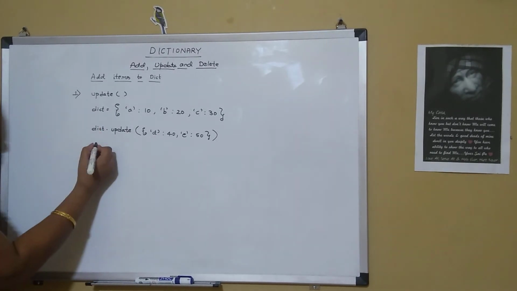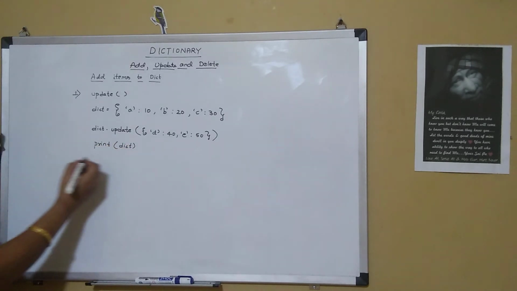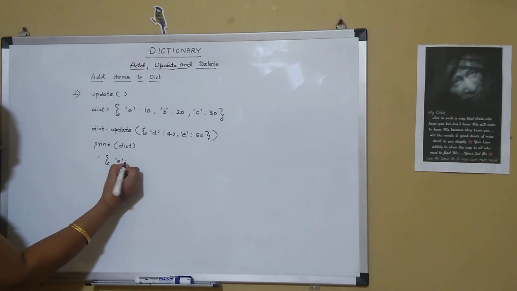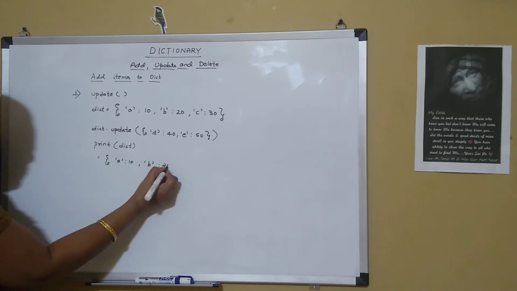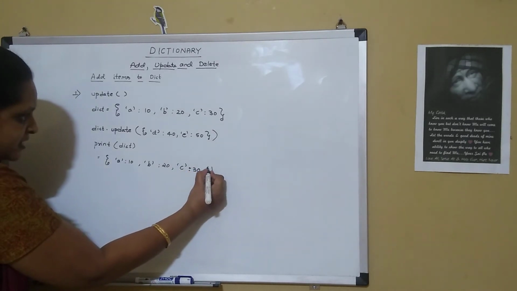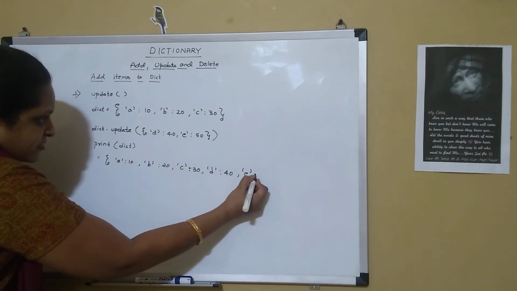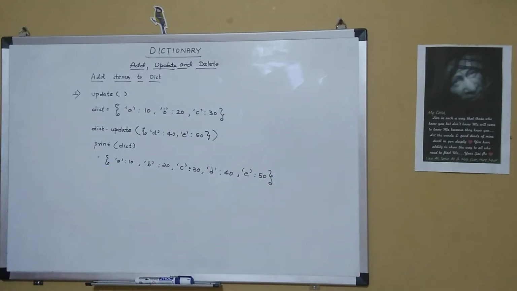And now when I say print my dictionary, then the dictionary will be printed as A 10, B 20, C 30, D 40 and E 50. So these values get added into the dictionary.